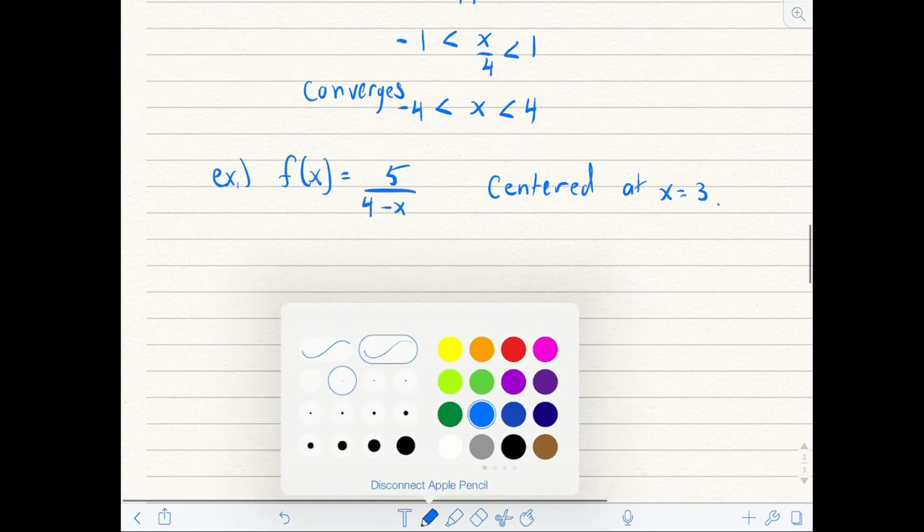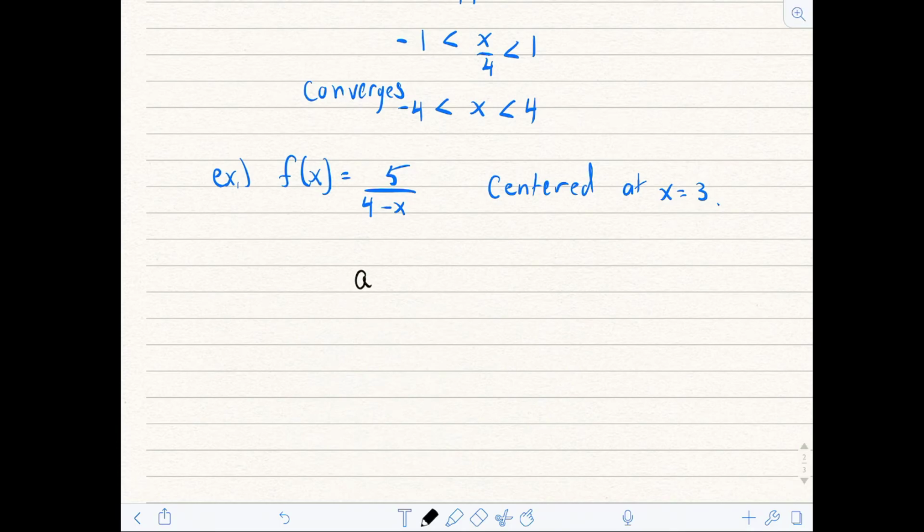Because I know that I'm going to have some type of a parentheses x minus whatever it's centered at, 3, to the first, plus a parentheses x minus 3 to the second, plus dot, dot, dot. Now, I can't just assume that that first number is going to be 5. It is in this case, but we just can't assume that to begin with.